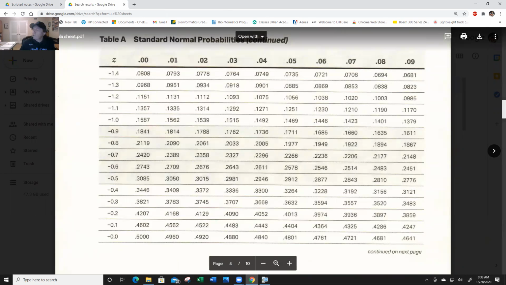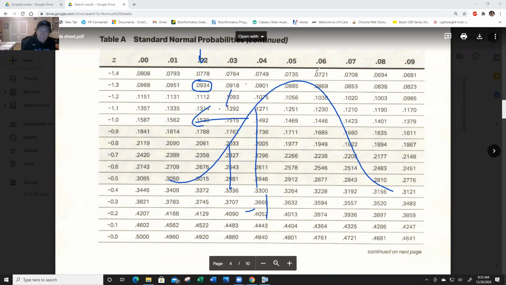Negative 1.3, and then here's 2 right here. Negative 1.32 right there. Now that's the area below. Remember, negative 1 is the 16th percentile, 0.16. So negative 1.32 will be a little bit less area, and it's this right here.